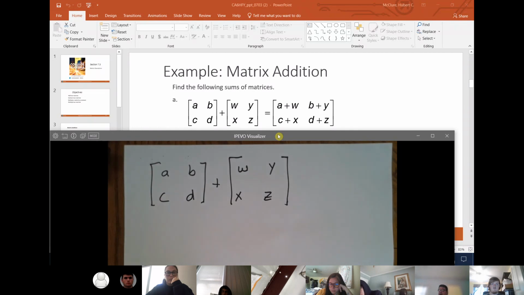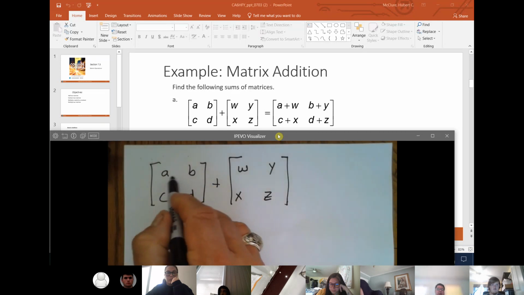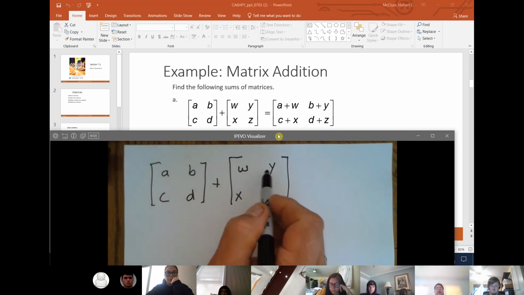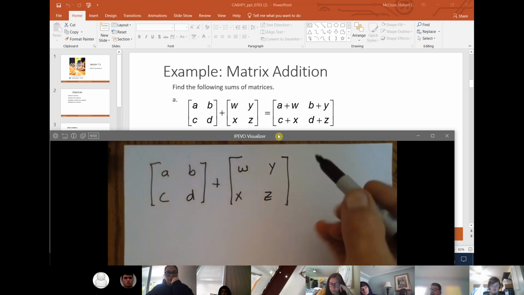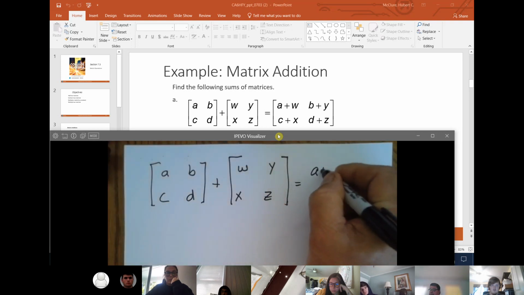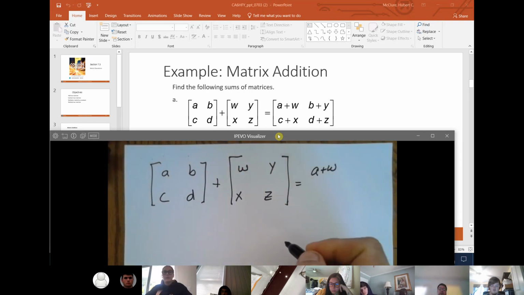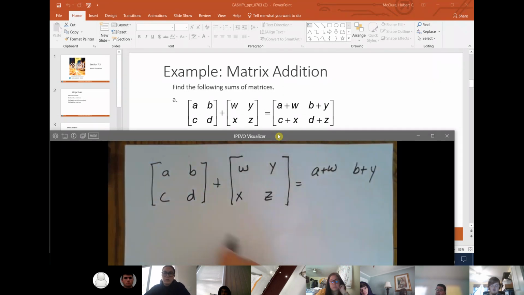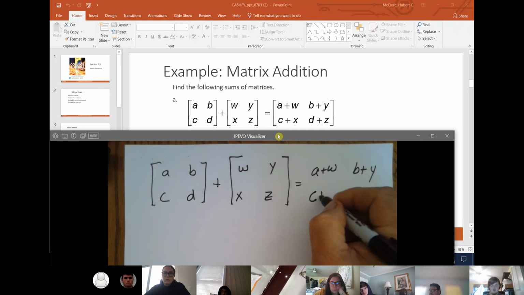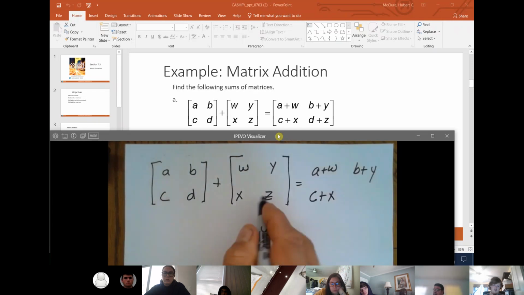And what does that mean? Well, you got A and B right here. So row to row. Row to column is multiplying. Row to row, so that would be A plus W. And then B plus Y. And then C plus X. And then D plus Z.